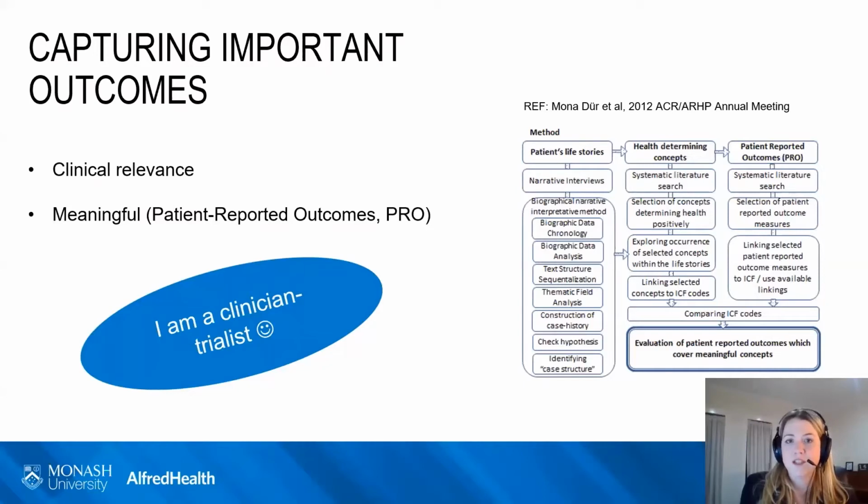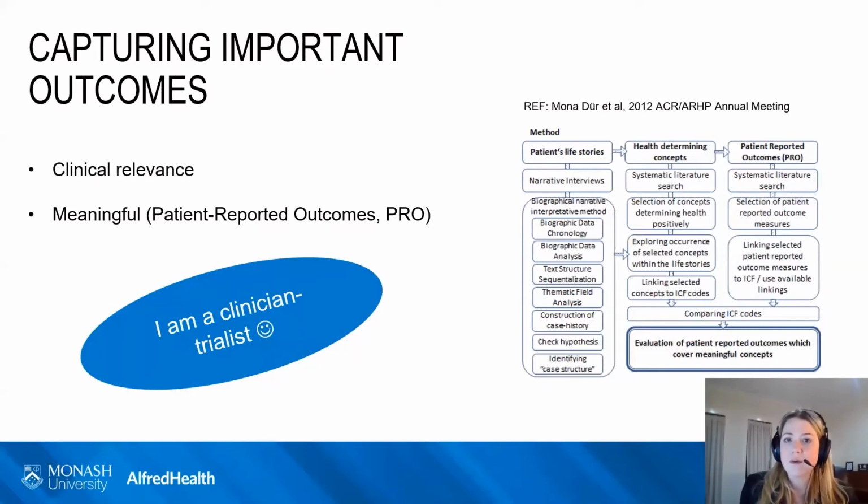To ensure that these outcomes are meaningful to our population, we should first draw on important qualitative data to understand what concepts link to the perceptions of improvement from their perspective. But more than that, and hopefully you can see this in the work from Dua, researchers still need to do the work between that qualitative information and linking it back to, in our case in neuro rehab, ICF codes.